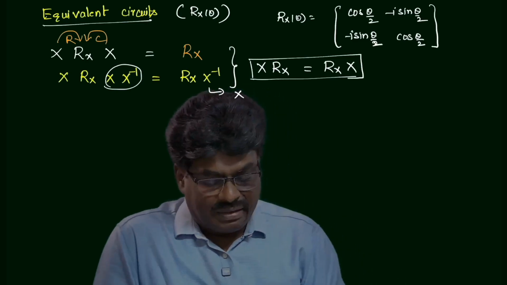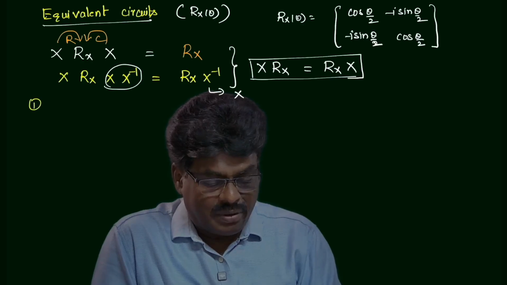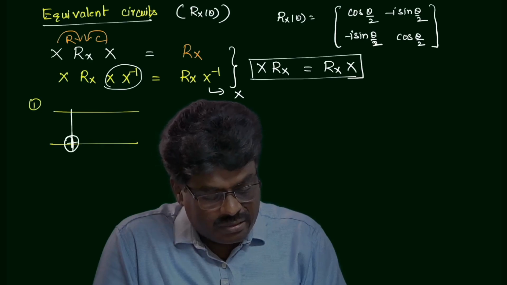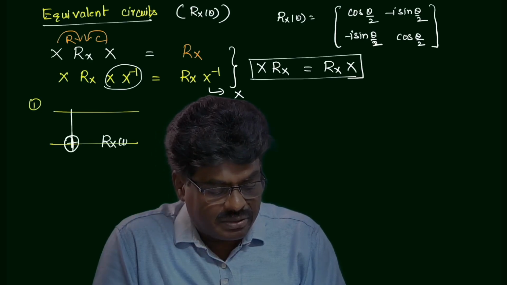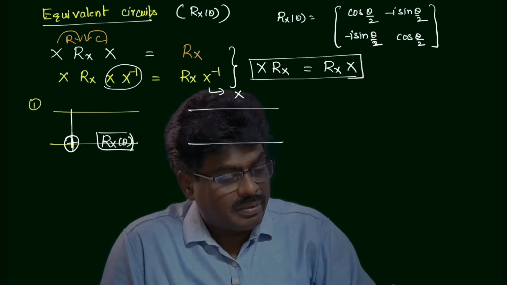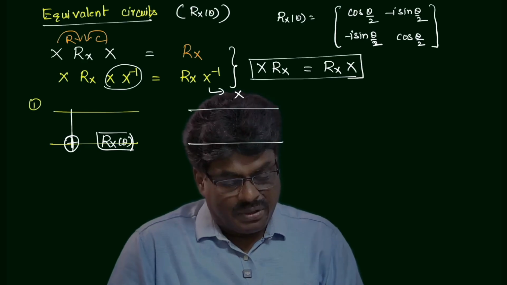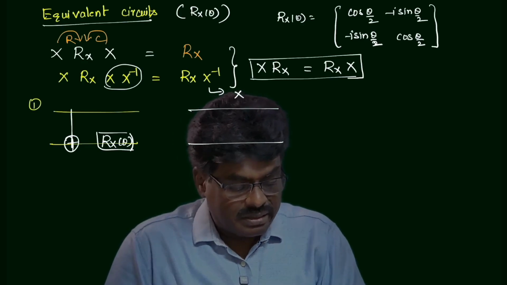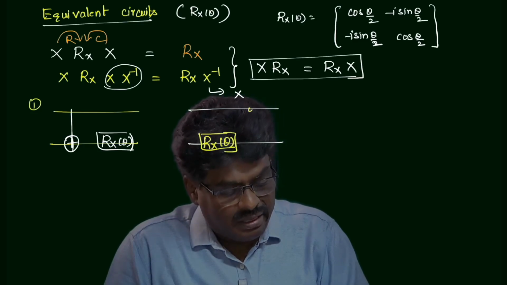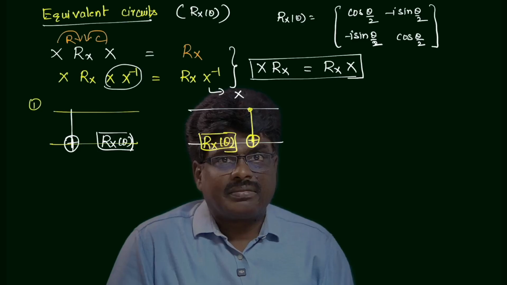That's why we are having this equivalent quantum circuit: here CNOT and here Rx of theta, and so this is a commutation, x Rx, here Rx of theta and the CNOT like this.